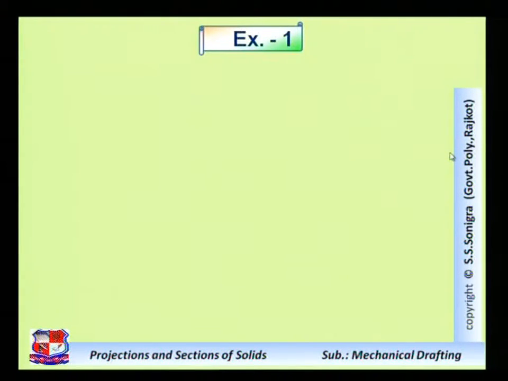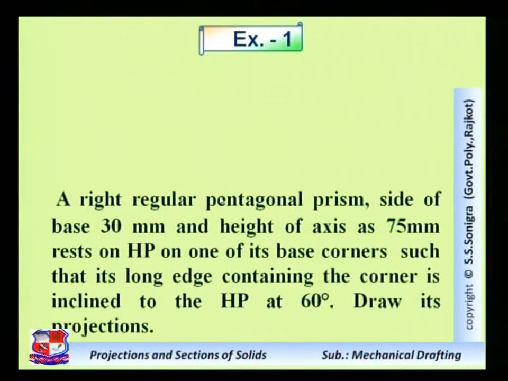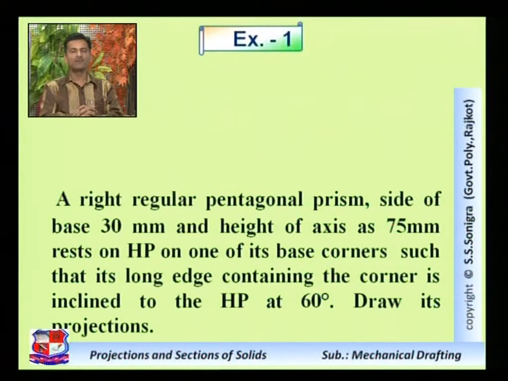Now first example. The data of the first example is given like this. A right regular pentagonal prism, side of base 30 mm and height of axis 75 mm, rests on HP on one of its base corners such that its long edge containing the corner is inclined to the HP at 60-degree angle.